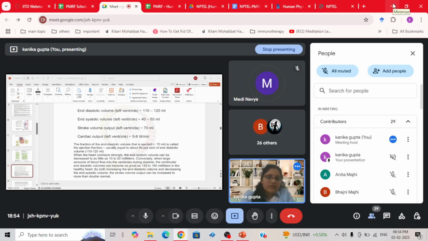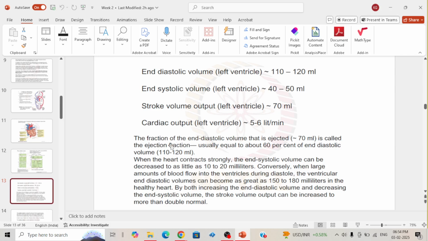Yes, ma'am. Okay. So the cardiac output is calculated in a way that if you multiply this stroke volume by the number of heartbeats per minute, it will tell you the cardiac output. Basically, the amount of blood that the heart has sent to the whole body in a minute.